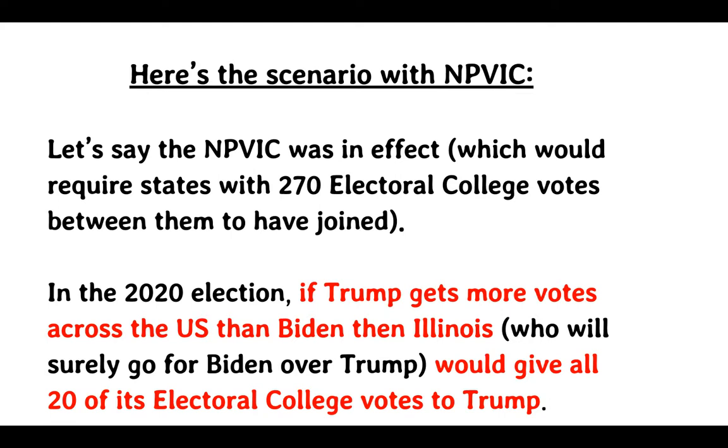That would mean that even though Biden won Illinois, which ordinarily would get all 20, those would go to Trump. So it's a way of working within the constitutional system, but sort of bypassing a certain part. I know that's a little confusing. If you have any questions, you can certainly ask me.